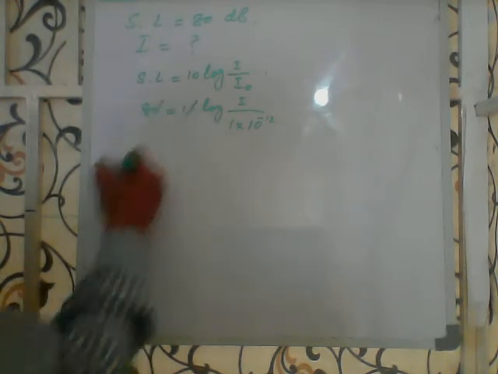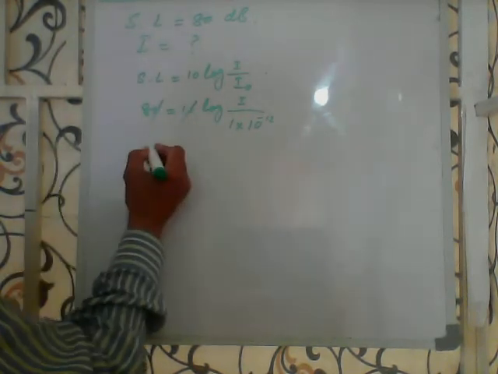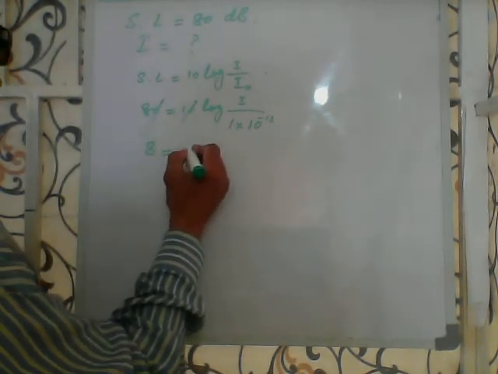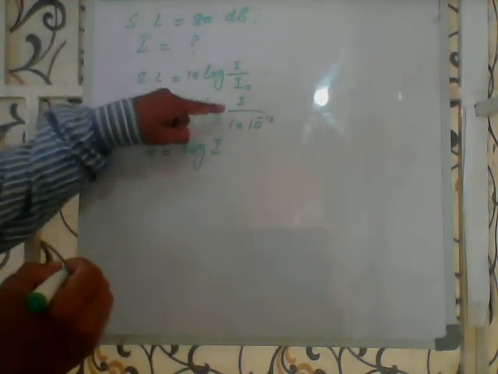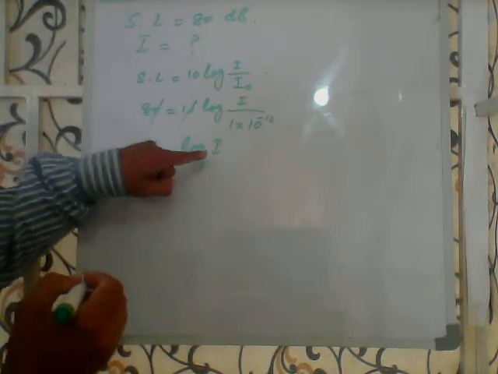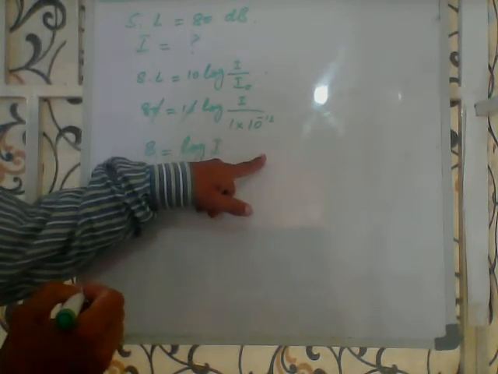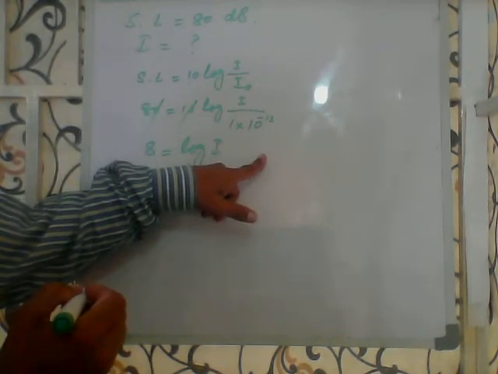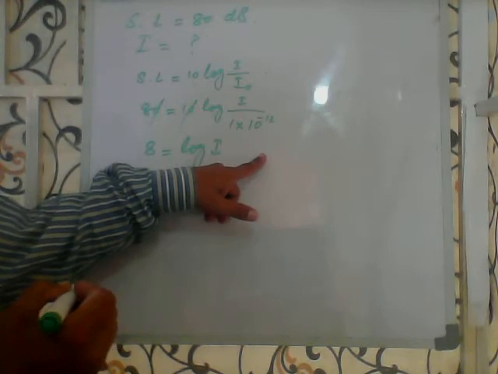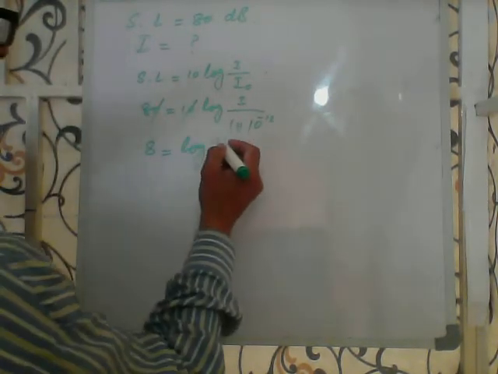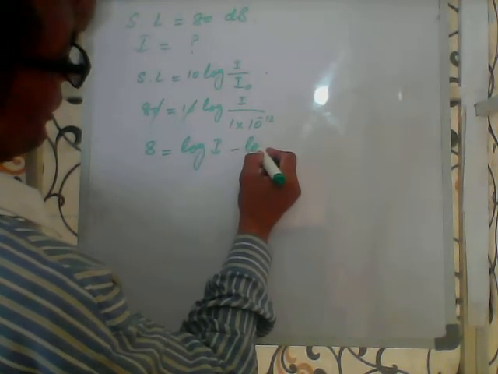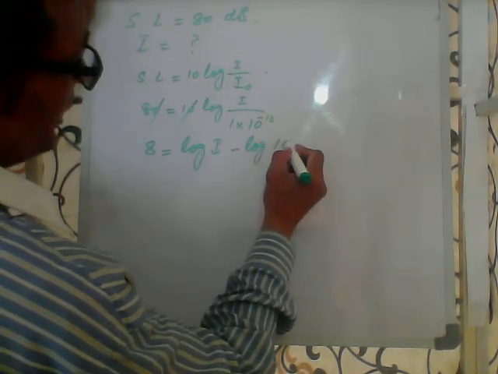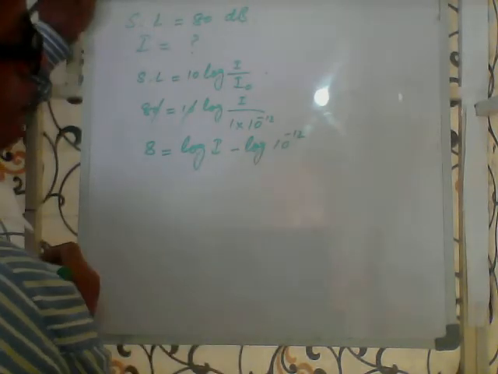Here 0 is cancelled by this 0. We got 8 is equal to log of I. Again, log of A divided by B is equal to log of A minus log of B, second law of log. We get log of I minus log of 10 raised to power minus 12.